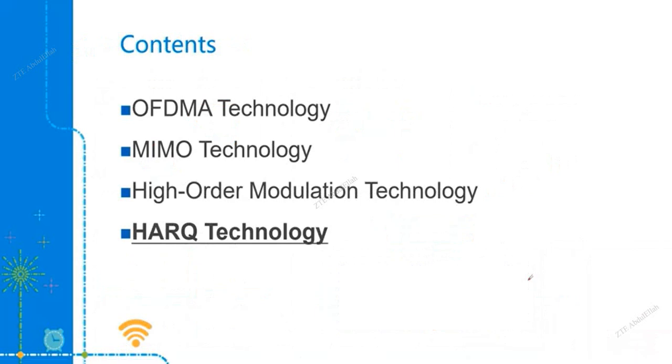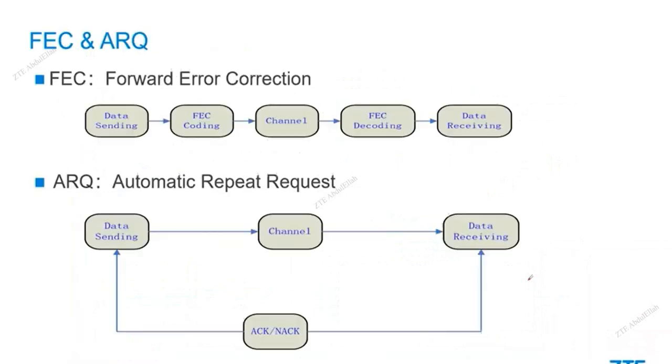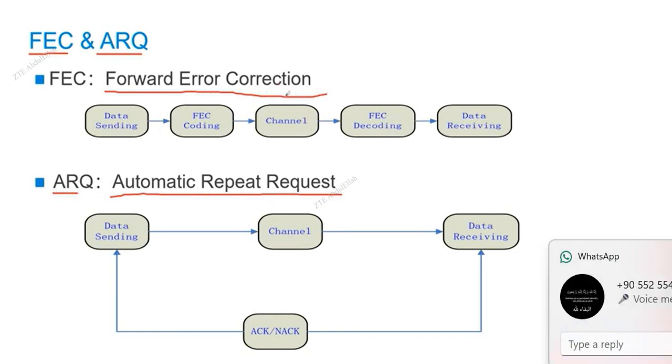Okay, the last technology is HARQ. Before we learn HARQ, we need to know what FEC is and what ARQ is. FEC means forward error correction. ARQ means automatic repeat request. They are like two separate technologies.